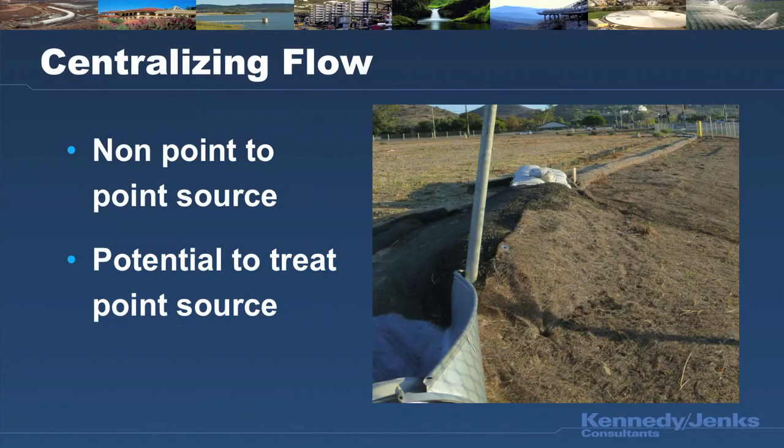If you're trying to do centralized flow, here's a methodology where they're using, you can't see this, but anyways, plastic low fencing, followed by some straw systems, trying to get everything flowing over this bare land into the storm culvert.